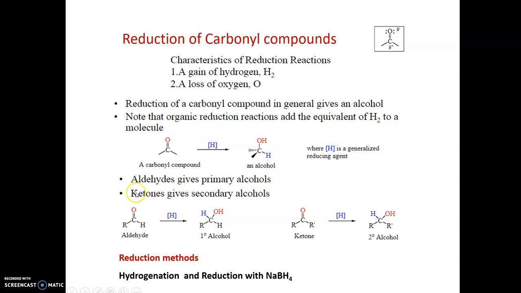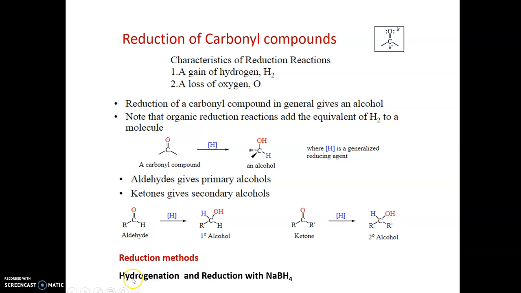Aldehydes generally give the primary alcohol, and ketones give the secondary alcohol. So the reduction of an aldehyde gives a primary alcohol and a ketone upon reduction gives a secondary alcohol.